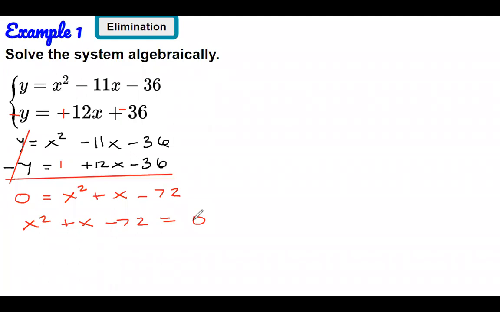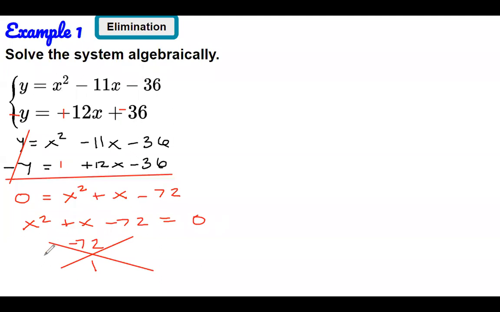Which one do you guys want to use? Do you want to use the quadratic formula for this one? Oh, you can't choose. We can use the Power Ranger method. Let's try it out. I have two items that multiply to negative 72 and add up to 1. So what are my factors of negative 72? 8 and 9.